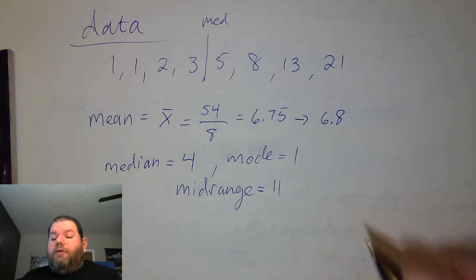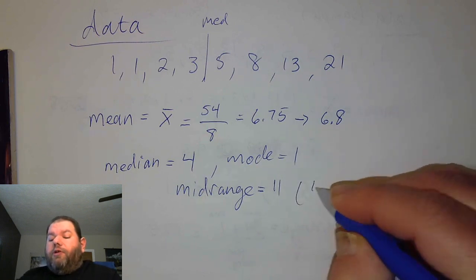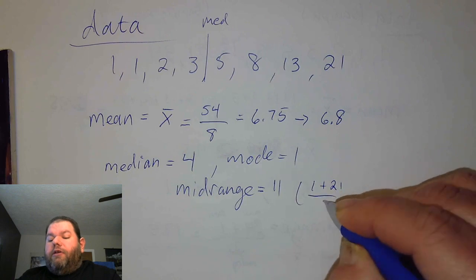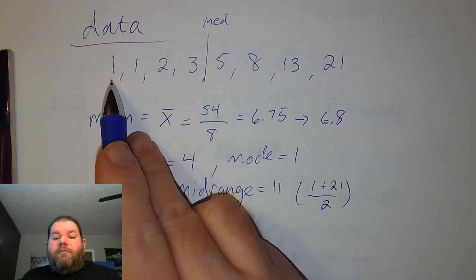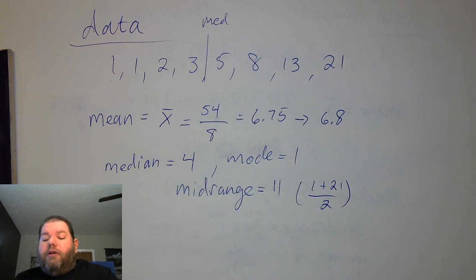Good. Yeah, and again, that's 1 plus 21 divided by 2. We're taking the minimum value and the maximum value and adding them together and dividing by 2, and that comes out to be 11.